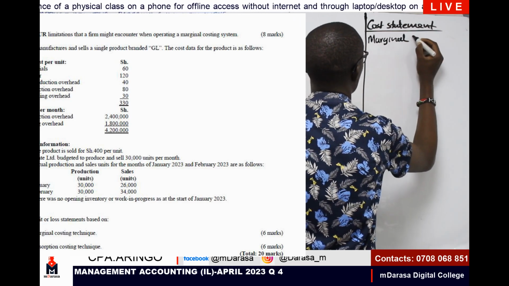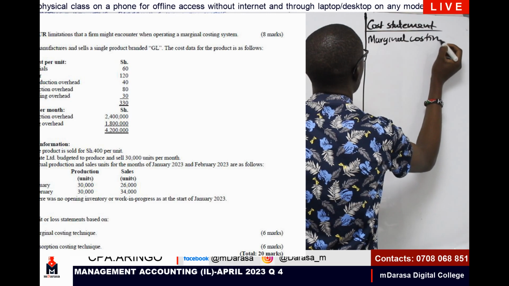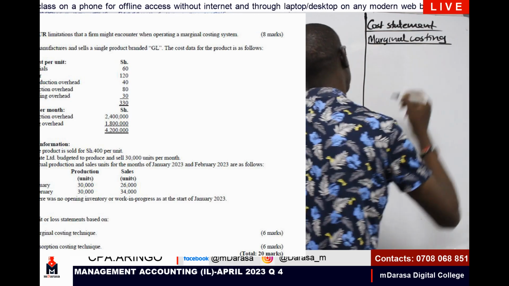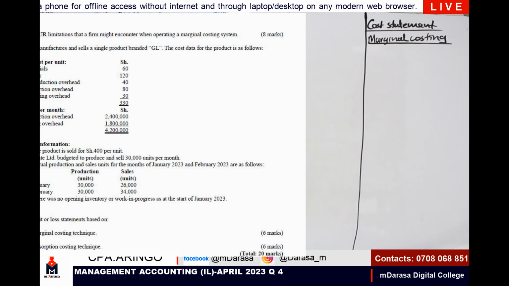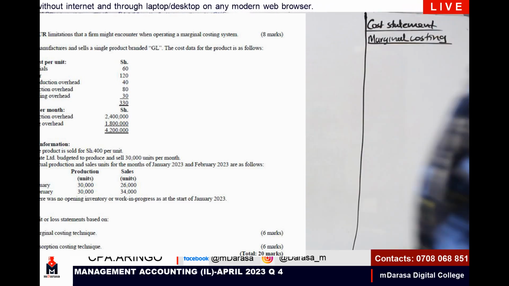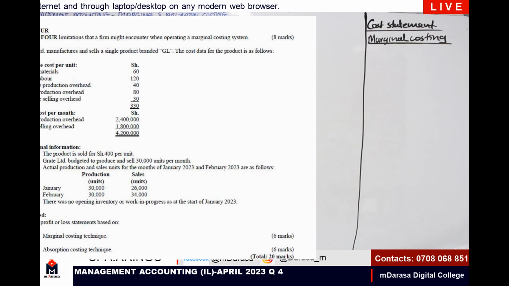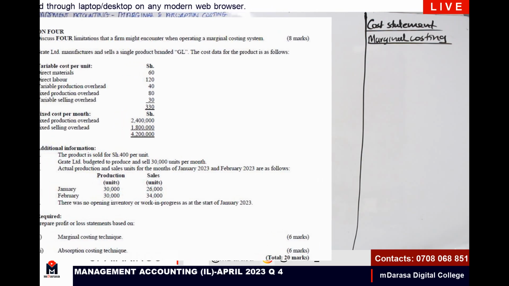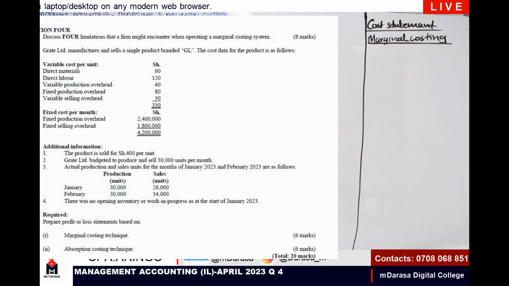This is the first thing that you should always tend to do, and this is what I've always been telling you guys: start by preparing your product cost statement. In this case, I want us to start with marginal. For marginal, our focus will be only on variable costs.